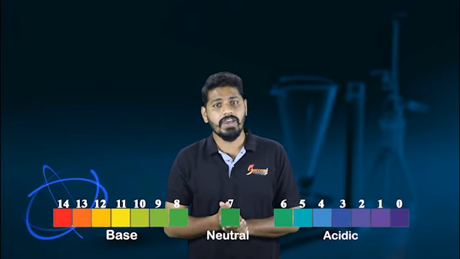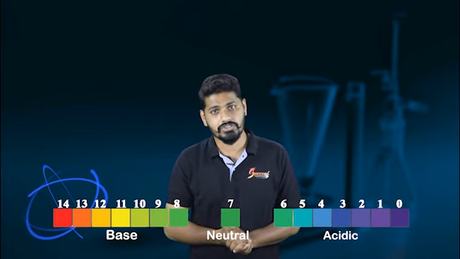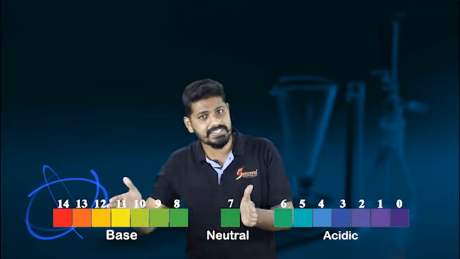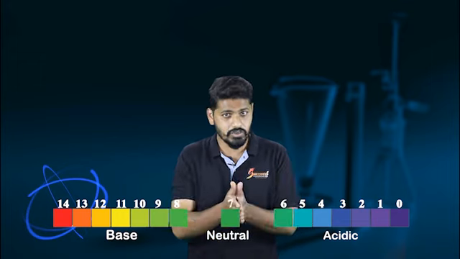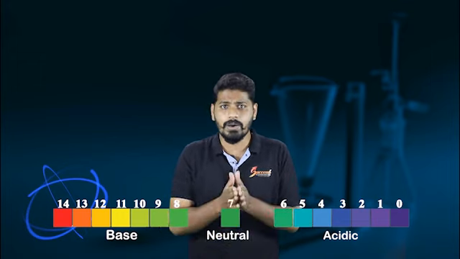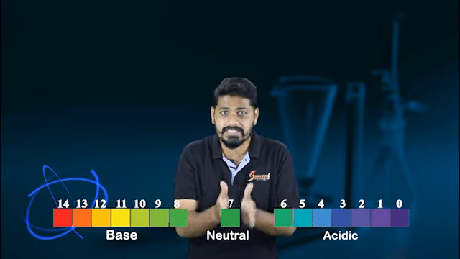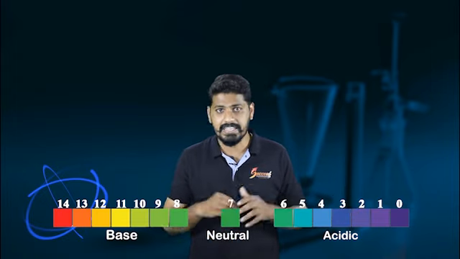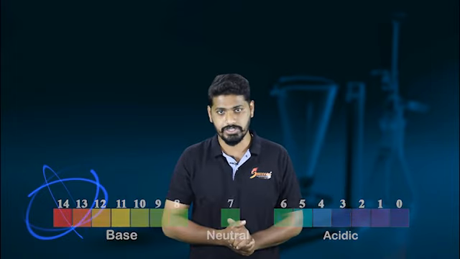Suppose it shows a value less than 7, the given solution is acidic in nature. Suppose it shows values more than 7, it indicates that the solution is basic in nature. As well as, suppose it stays on the number 7, that clearly indicates it is not an acid, it is not a base, it is a neutral solution.